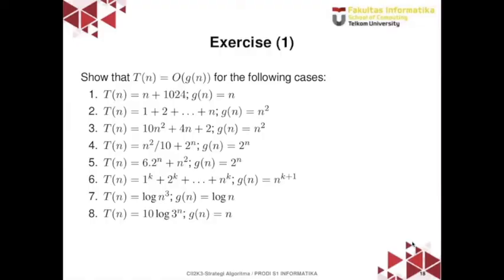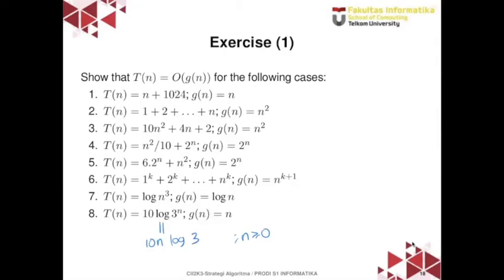The next one, we use the same properties we had before. So this is equal to 10n log 3 to the n, and it holds for any n. Oops, sorry, we don't need the n here.